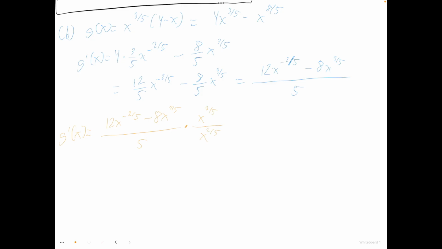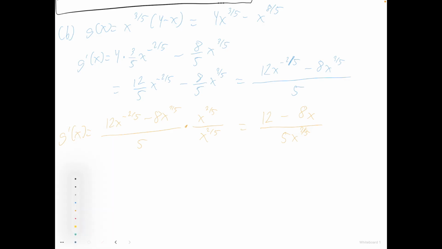And that's to get rid of the negative 2/5 on the 12. Multiplying this out, we're going to get 12 minus 8x to the 3/5 plus 2/5 is just going to be x. So we have 12 minus 8x over 5x to the 2/5. And so this then is our derivative, and it's easier to see where this does not exist and where it's 0 than the original one is. So that's why we multiplied by x to the 2/5 on the top and bottom.